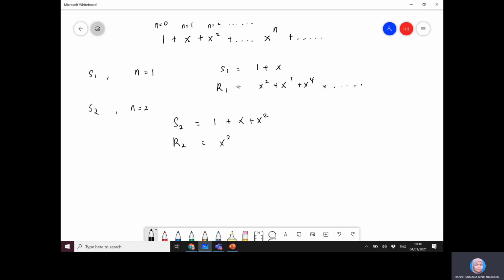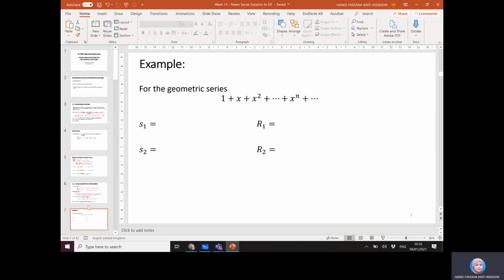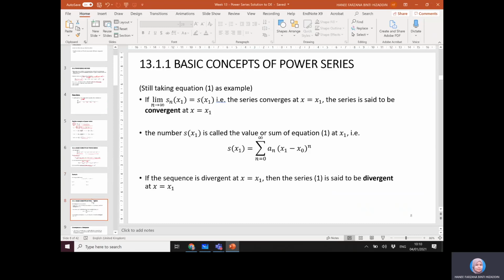So start from x to the power of 3, x to the power of 4, x to the power of 5, and so on until n approaches infinity. Okay, so that's the first example, the easiest example first. Go back to the slides and we look at some basic concepts of power series.